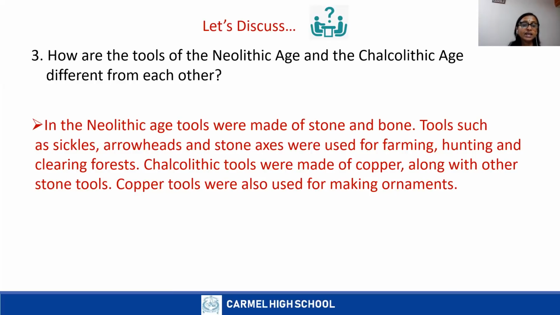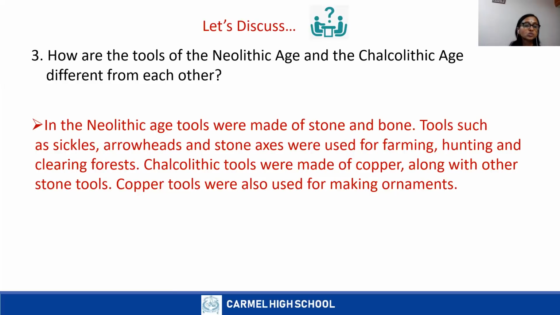One day, a friend of Maya's father discovered a piece of copper being used in a neighboring settlement. They realized that this metal was easy to bend and mold in any shape and was better than stone. This is why the tools in Chalcolithic Age were made using copper.